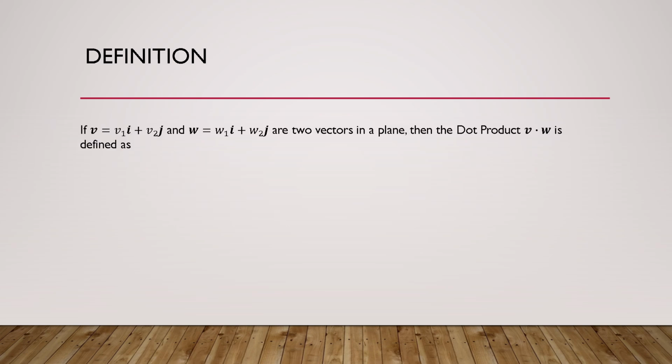If v equals v1i plus v2j and w equals w1i plus w2j are two vectors in a plane, then the dot product v times w is defined as v times w equals v1 times w1 plus v2 times w2.